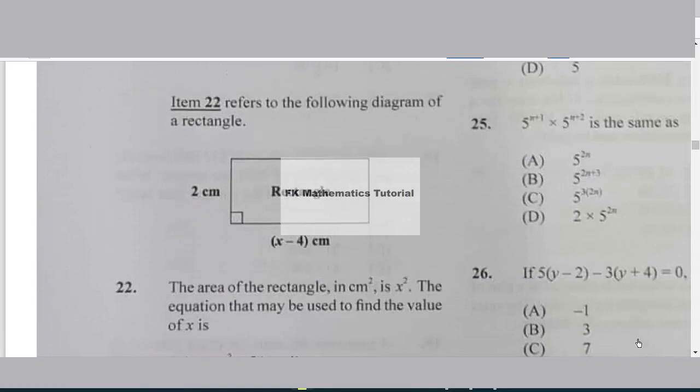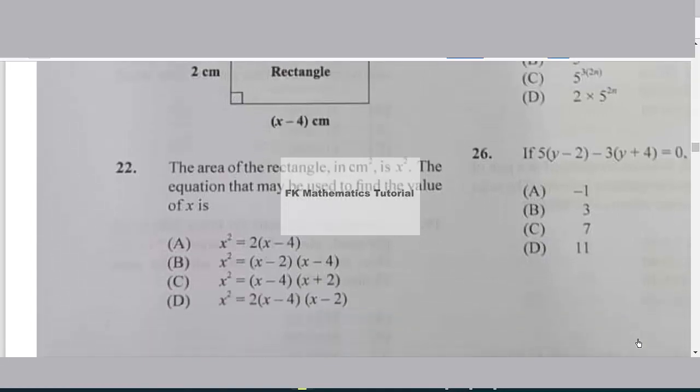Item 22 refers to the following diagram of a rectangle. So we can see the rectangle. The area of the rectangle is x squared centimeters squared. The equation that may be used to find the value of x is.